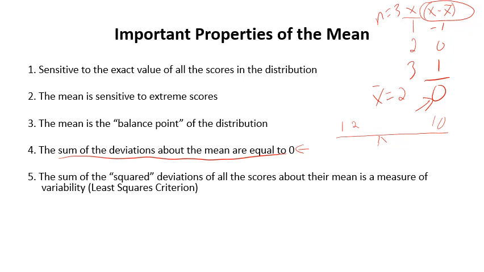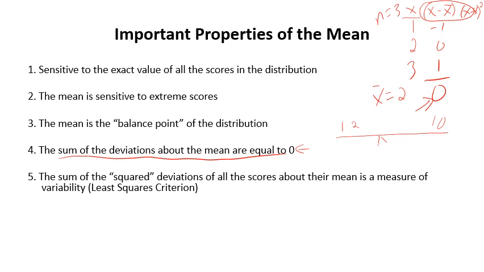What we do instead is what's called the sum of the squared deviations from the mean. We are interested in how much deviation there is from the mean, but in a way to eliminate the 0 of the sum, we square each one. So we're taking the x minus the mean, but squaring it.